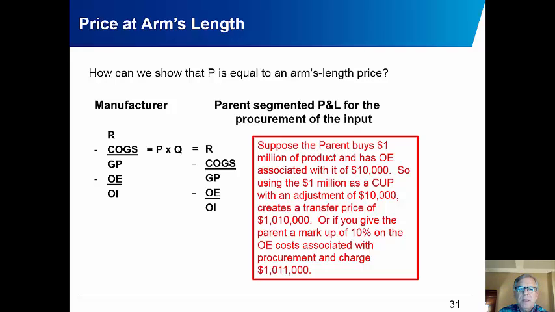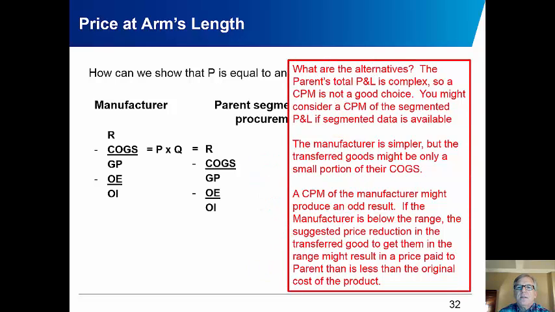Given that as a base, if we had done a CPM of the manufacturer, we might get an odd result. If the manufacturer is below the arm's length range in profitability, the suggested price reduction in the transfer price of the transferred goods to get them into the range might result in a payment for that input that's actually less than what the parent originally paid for the product.